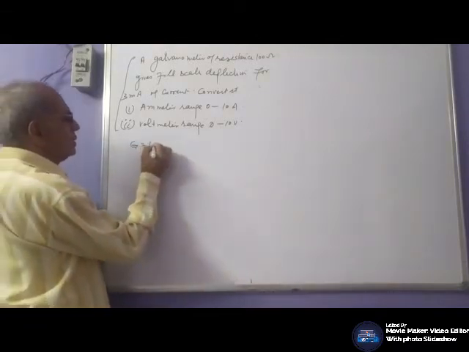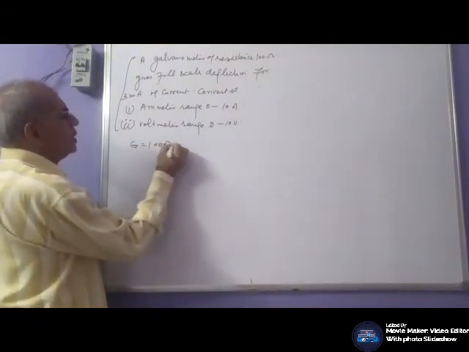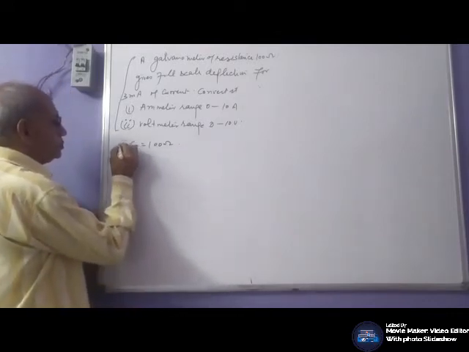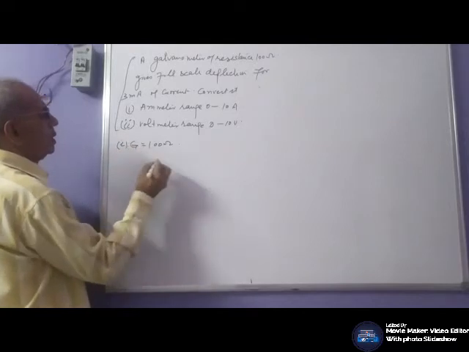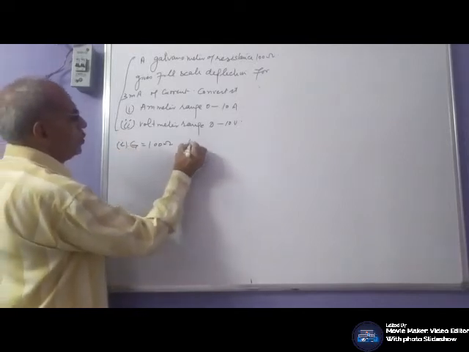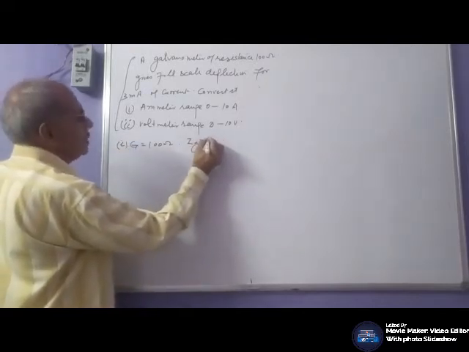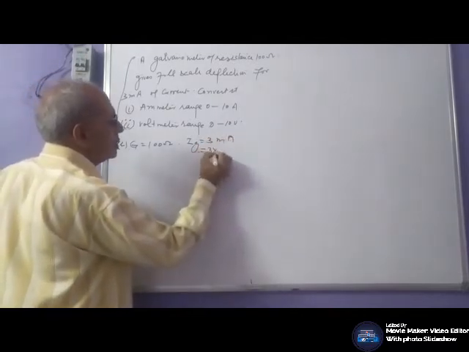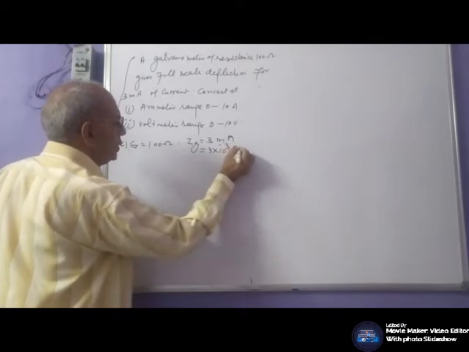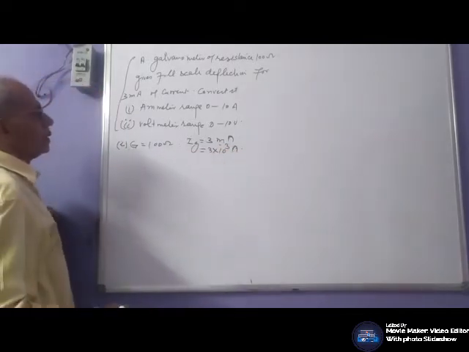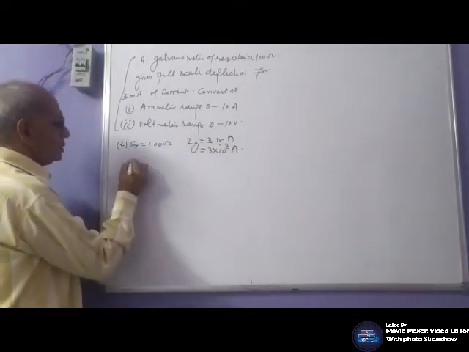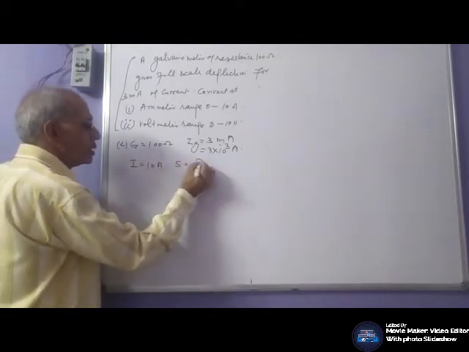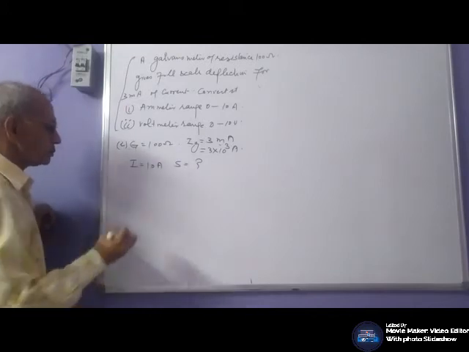Galvanometer resistance is 100 ohm. First part: gives full scale deflection for current 3 milliampere. Converted ammeter range, maximum current is 10 ampere. How will you convert it? S shunt.